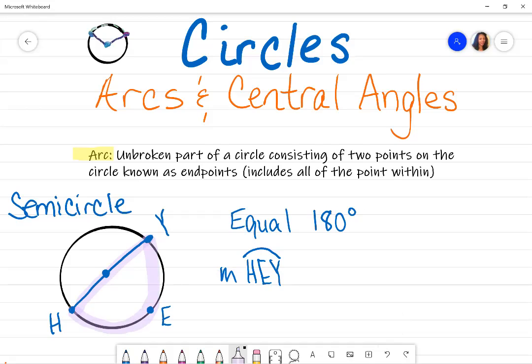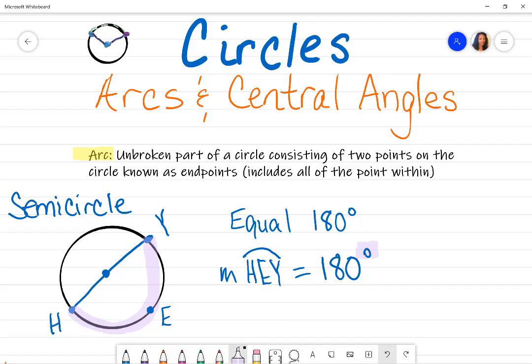So I don't have to highlight the diameter part. I'm only looking for the arc. I was just showing you what a semicircle looks like. So the arc is only the outside part. If I wanted to know the measure of that, I would write the measure of arc HEY equals 180 degrees.